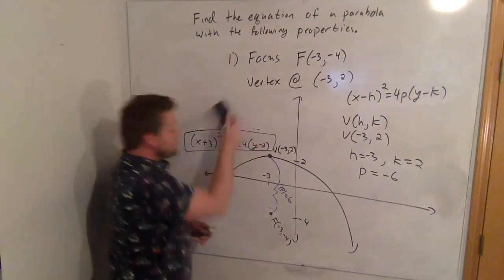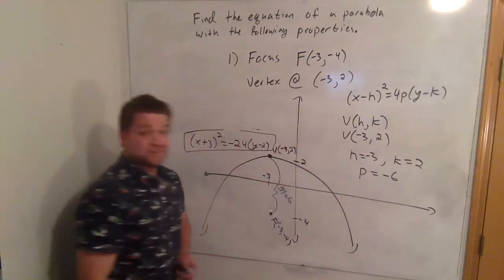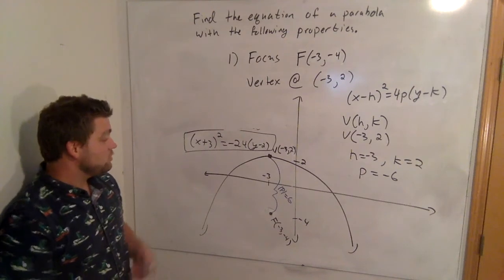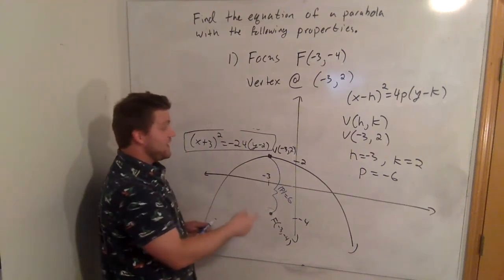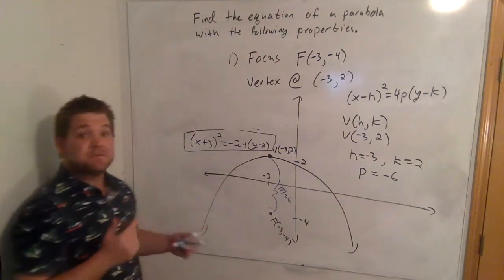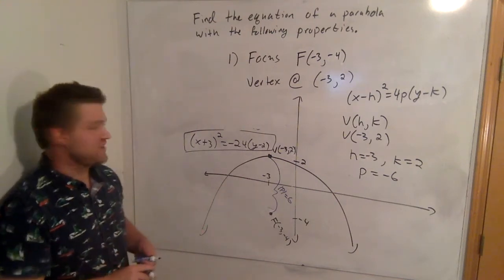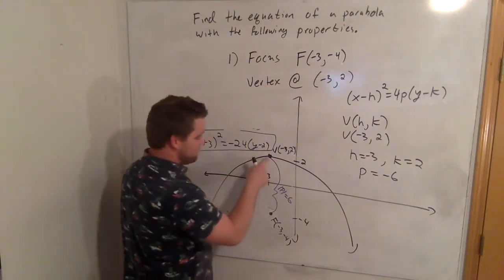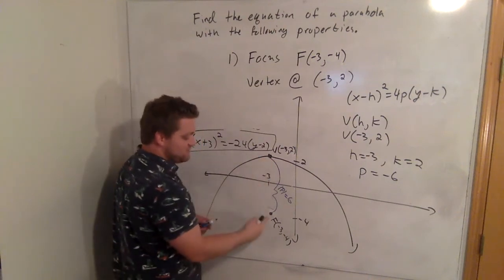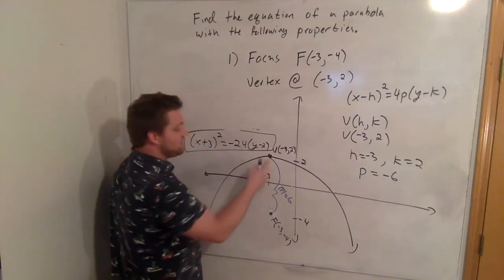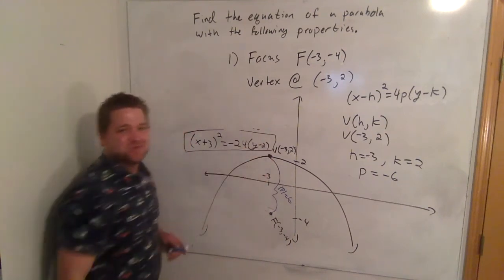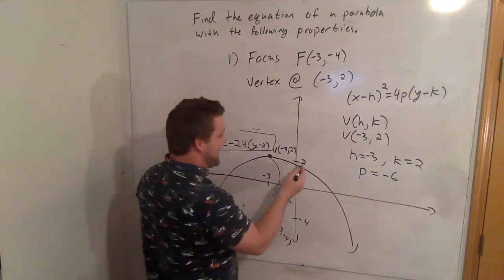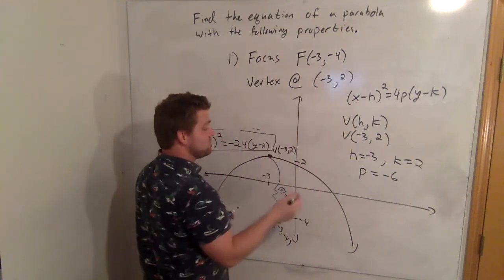The other thing the problem wanted to know is what the equation of the directrix will be. The key thing to know is that the focus and the directrix have the same distance from the vertex. So if we went from the vertex down 6 units to get to the focus, we could start at the vertex and go up 6 units to get to the directrix. So we're at 2, and we need to go up an additional 6 units.